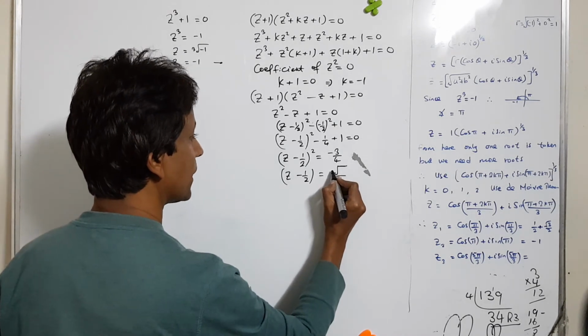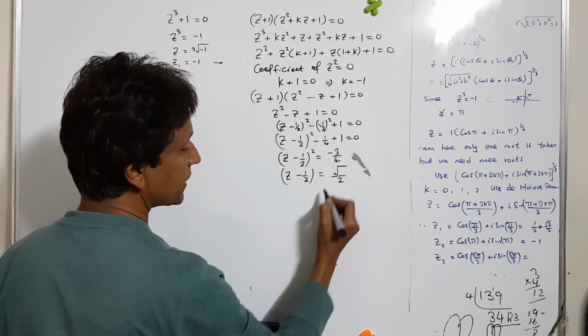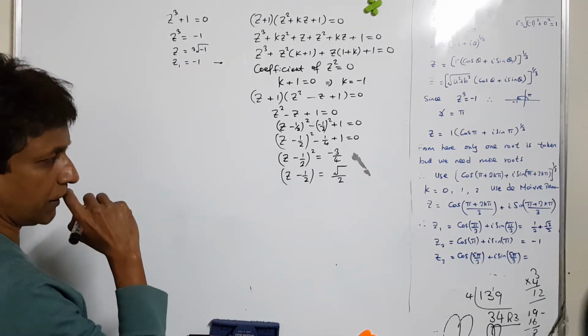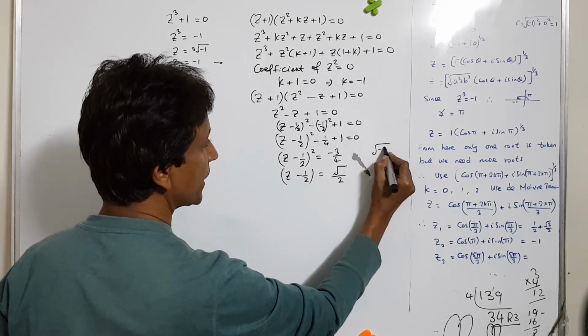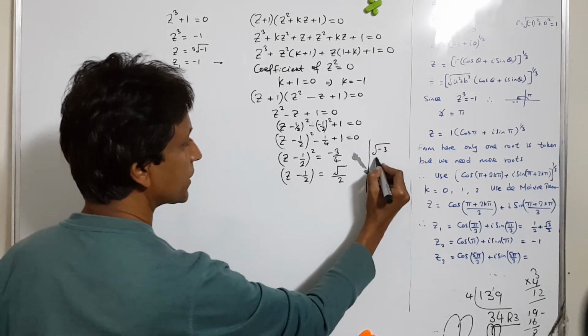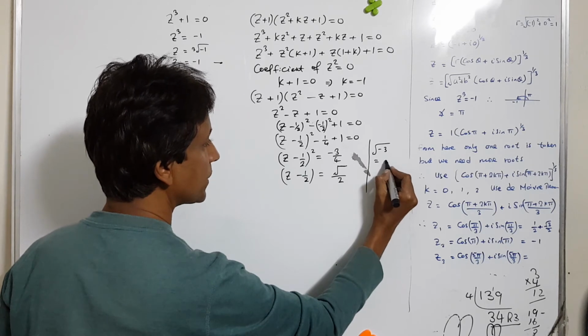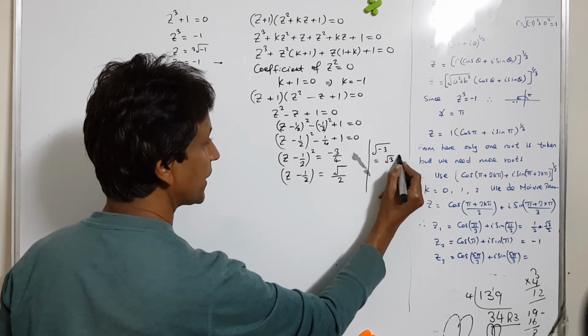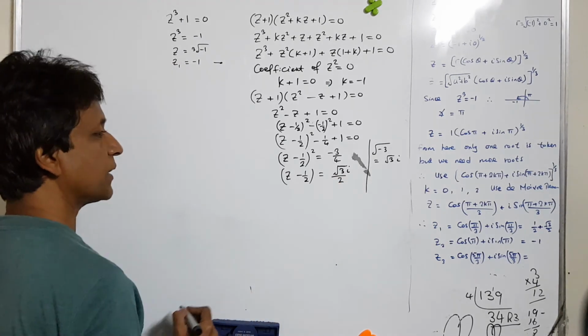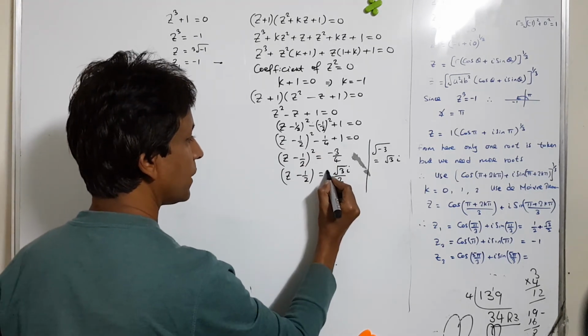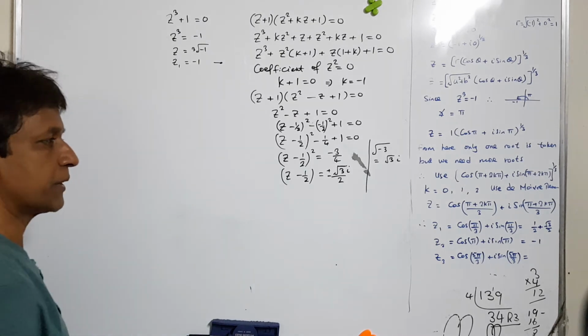And I've got a minus here. So if you get a minus, basically we're looking at the square root of negative 3. What is the square root of negative 3? It is square root of 3 and then i. That's a complex number. And the square root can become plus or minus, so we've got two roots.